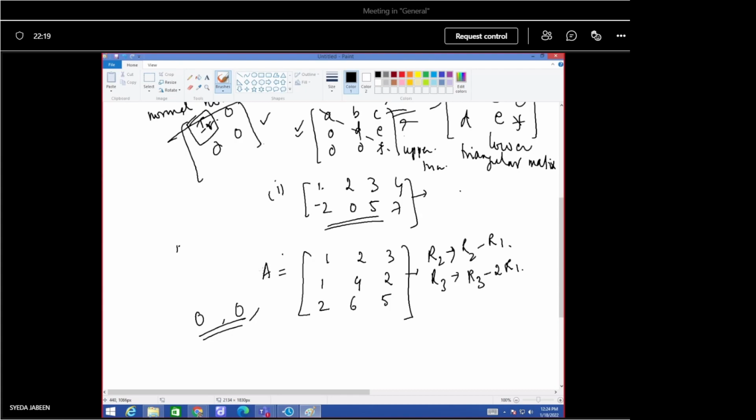Ma'am, could you explain the independent and the dependent part? Okay, independent and dependent parts. Over here, if you take a look at these two, are all the elements of this some combination of the first two? No, ma'am.